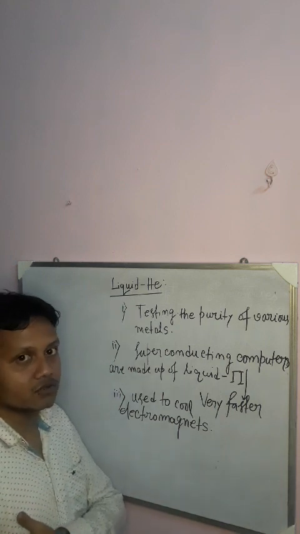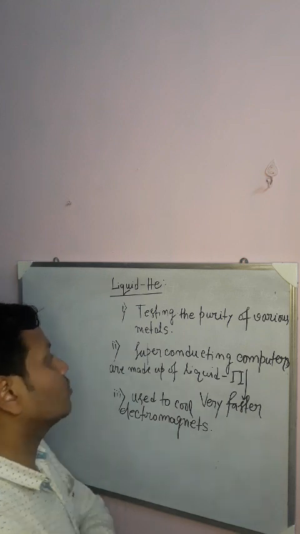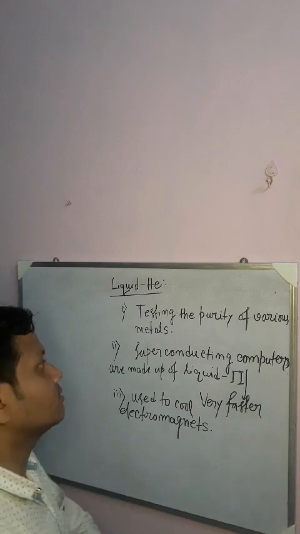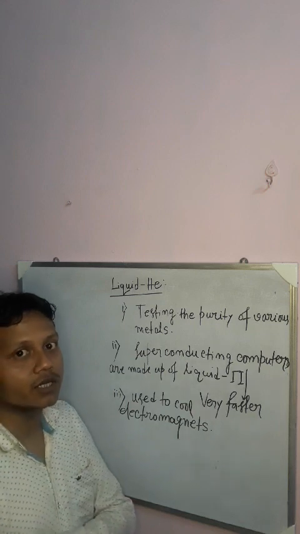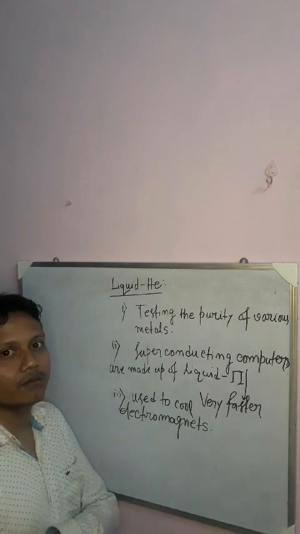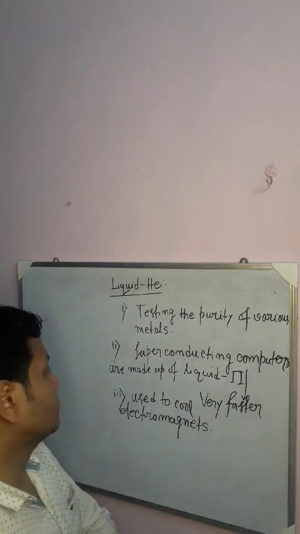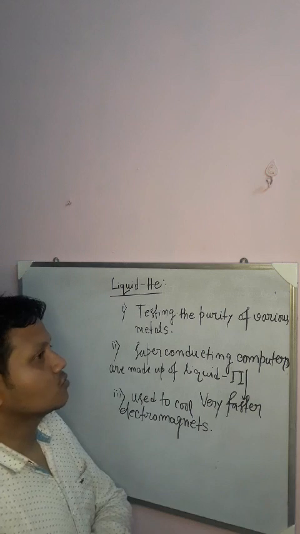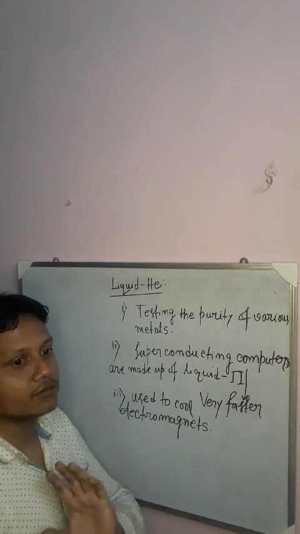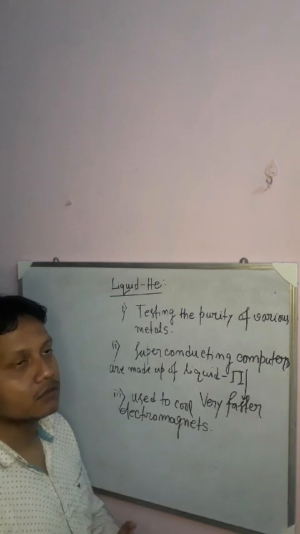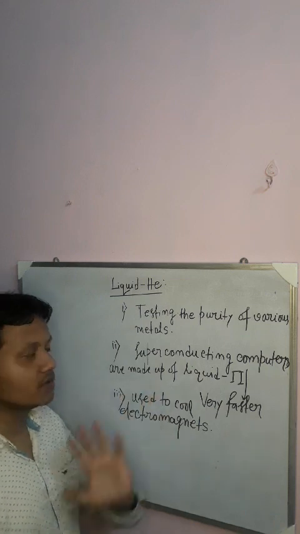Because when huge current passes through the coils of electromagnets, irreversible joule heat loss occurs. So a great amount of heat is produced that can damage the electromagnets. So in order to prevent the irreversible joule heat loss, we must cool the electromagnets by using liquid helium. So these are the basic uses.